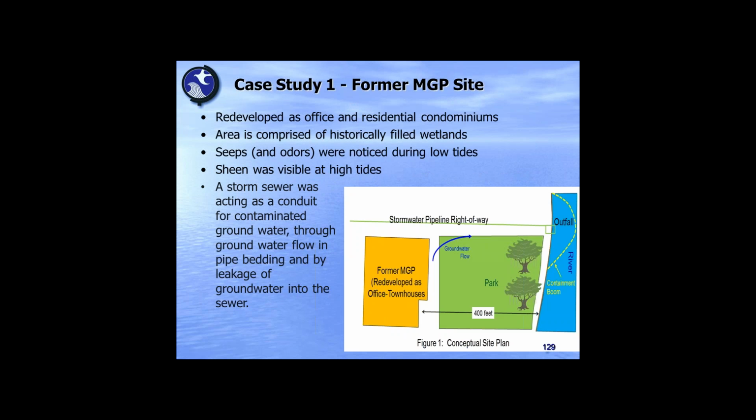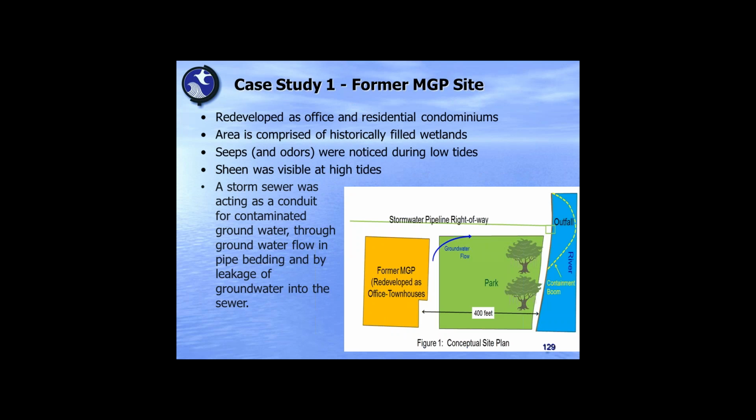So looking at this first case, this is a former MGP site in a highly developed area. There was actually a development of expensive office condominiums on top of the former MGP site, and that gave very limited opportunity to directly address contaminants that remained in the subsurface.